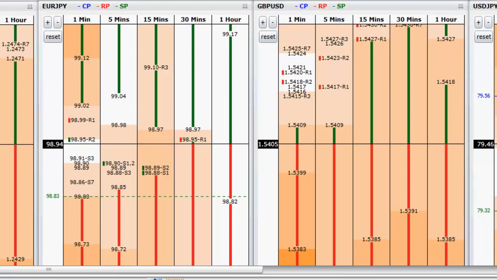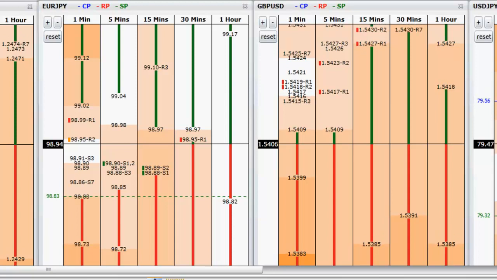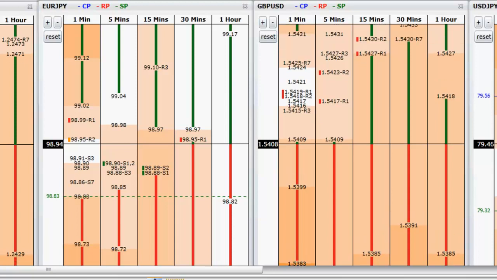All right, we see cable here dropping at a level where I may take it long. In cable 06, my line.